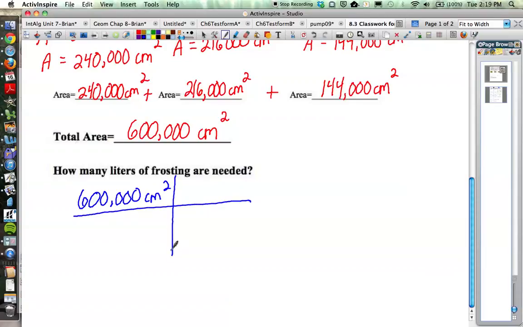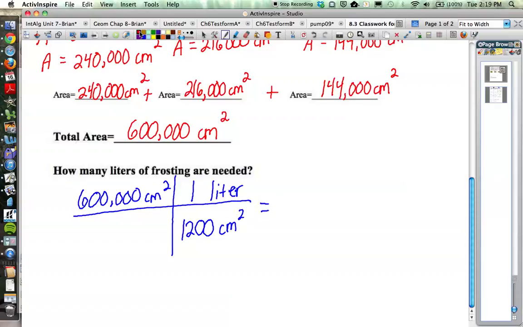Now it said for our conversion that 1 liter is equal to 1,200 square centimeters. We want to end up with liters of frosting, so we're going to put the 1 liter part on top. And how much is 1 liter of frosting? Well, it's 1,200 square centimeters according to the problem above.